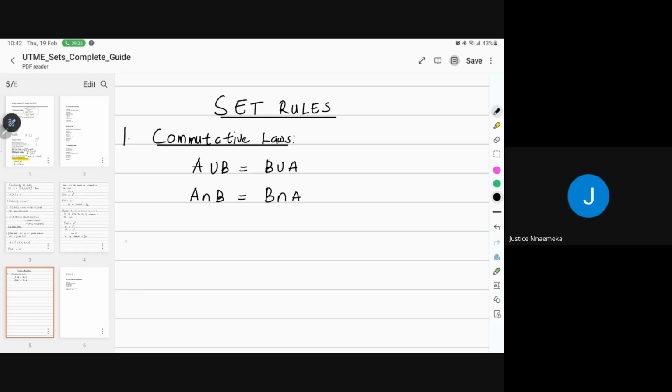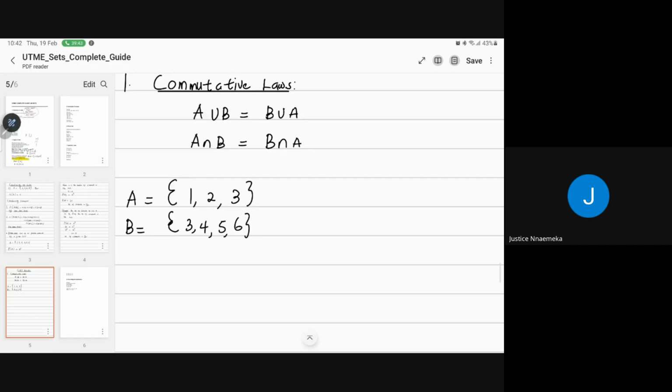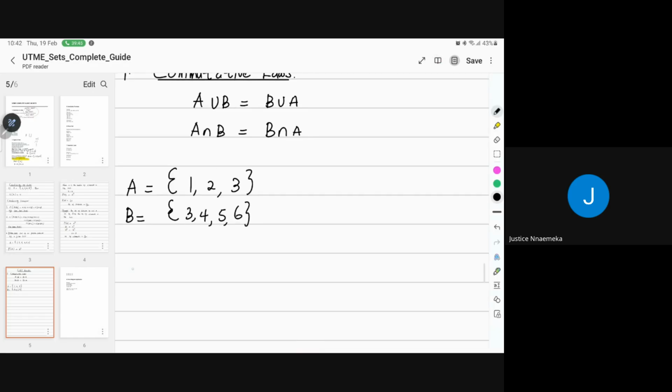Let's show an example. Let's say that A is equal to 1, 2, and 3, and B is equal to 3, 4, 5, and 6. Now, when we do A union B, we will be bringing them together.